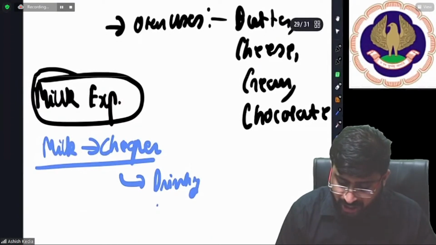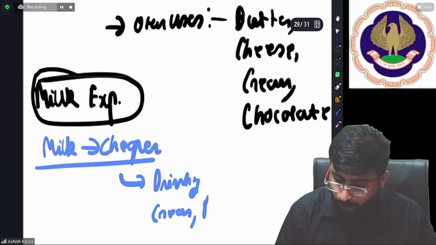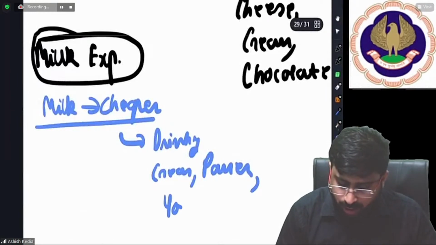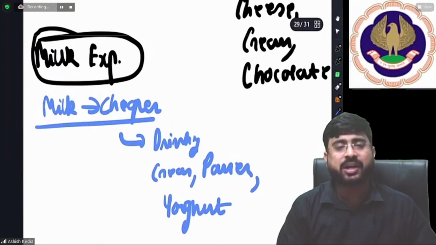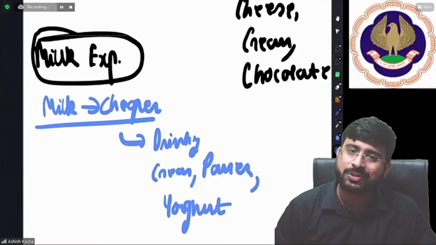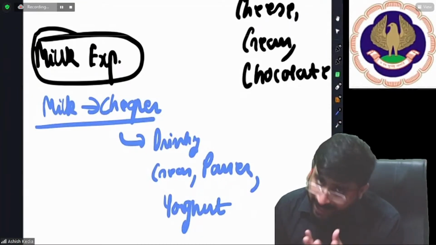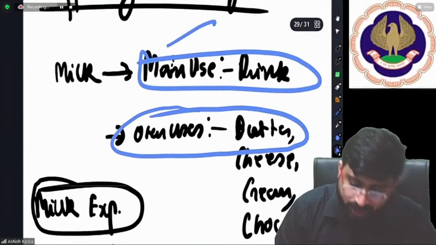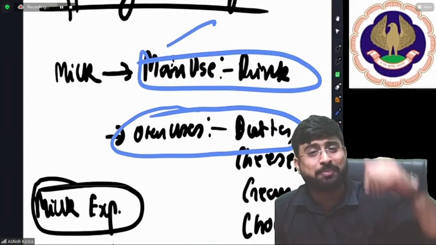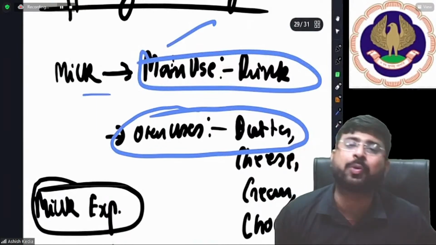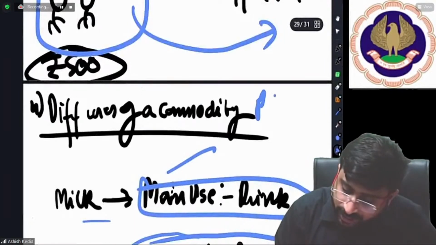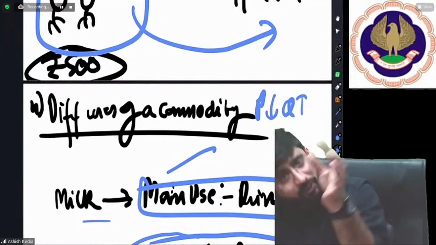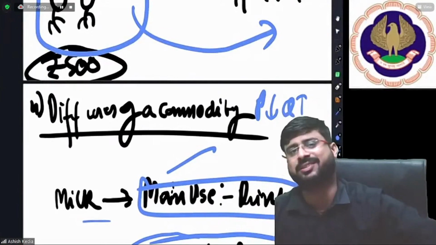They will also start making cream, paneer as we call it, and then there will be yogurt and so many other things that will be prepared at our home using this milk. So see, now when price has fallen, milk is not only used for main use, but also for less important use. But when price rises, it is only used for the most important one. So when price is falling, quantity is rising very aggressively, because now it is being used not only for main purposes, but also for other purposes.